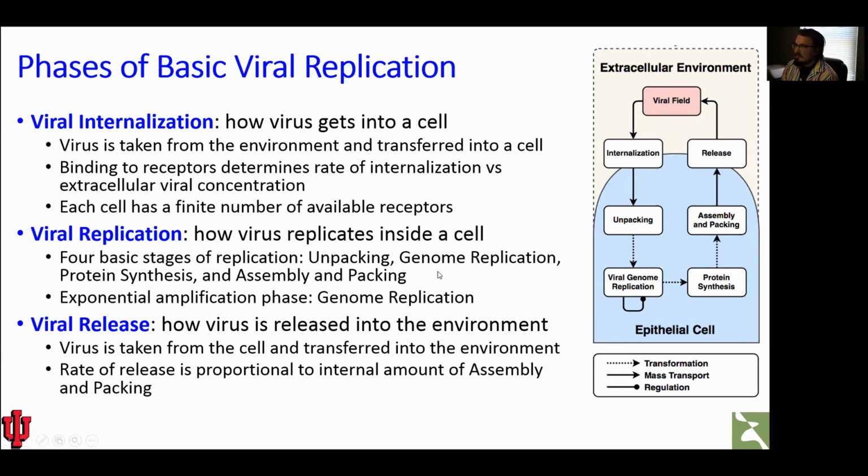For modeling very basic viral replication, the mechanisms that we're particularly interested in for now were getting virus into a cell from the extracellular space, then modeling replication with exponential growth inside of a cell, and then a corresponding release of the replicated virus back into the extracellular space.